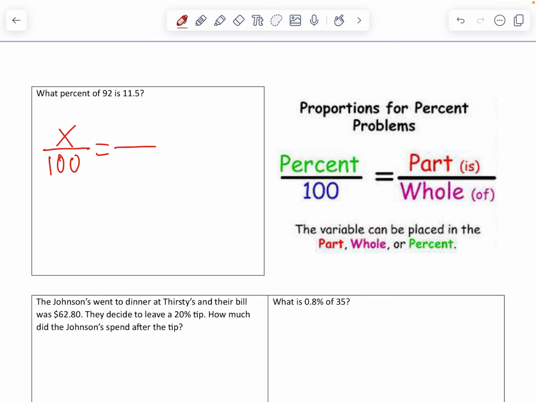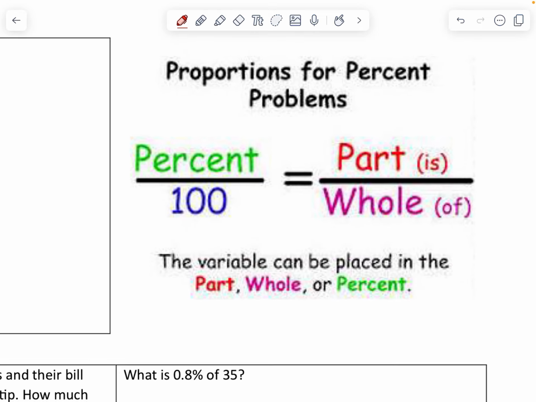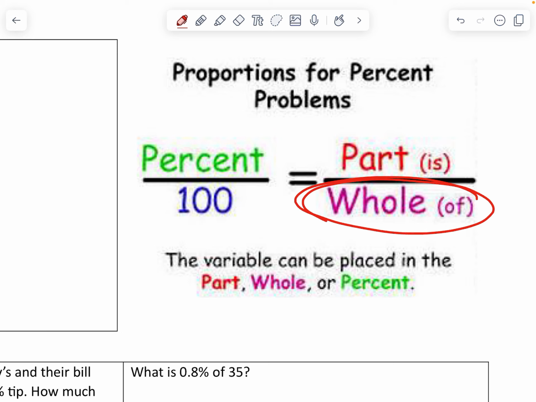So that's what we're missing. Instead of missing the part right here like we normally do, we are just missing the percent. So this time it gives us the part and the whole. So if I look here, it says of 92. Okay. If I look over at my proportion right here, of is right here. It's my whole.